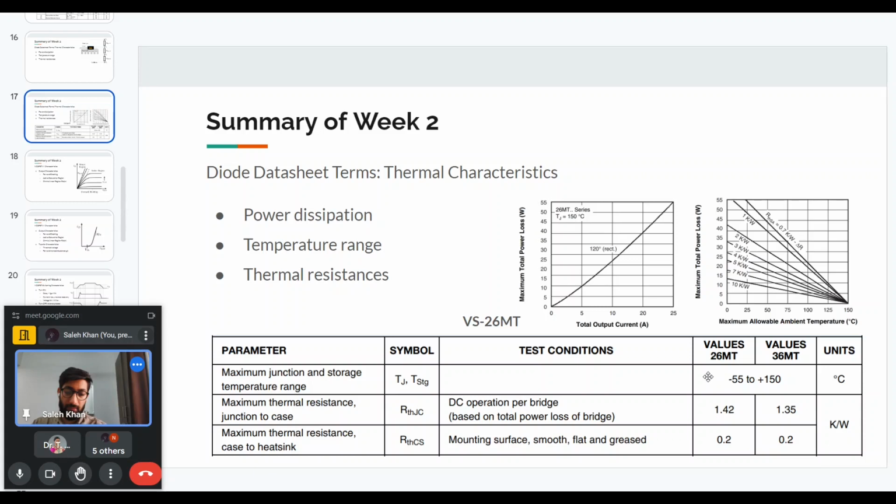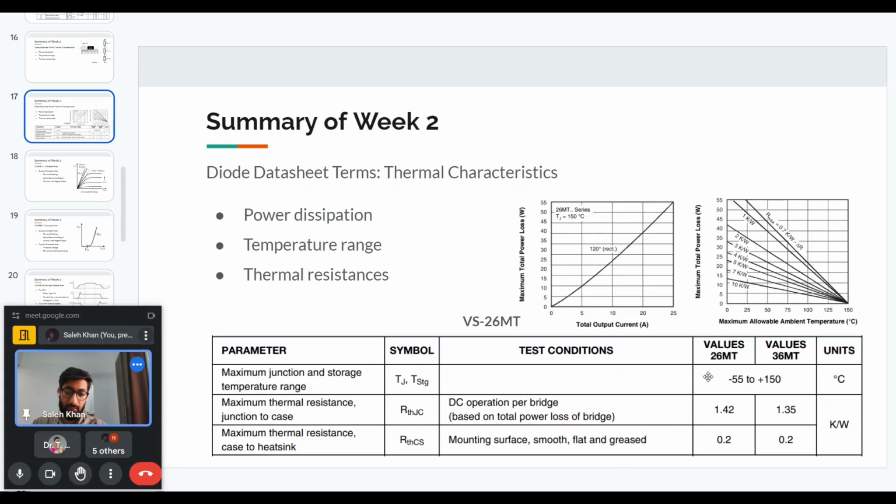So if you want to find an accurate loss or temperature, you have to do it in an iterative fashion. First assume a temperature like the ambient temperature. Take the RDS value at the ambient temperature, then find the power loss, then find the junction temperature.